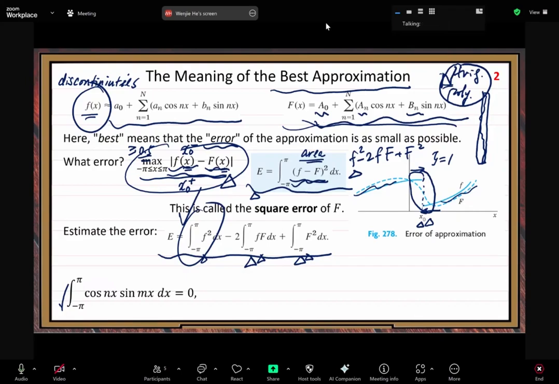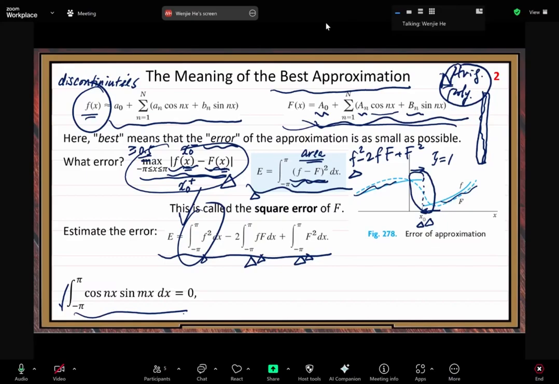Remember these cosine functions, sine functions, the last time we said they are basis functions, even better, an orthogonal basis. Remember the orthogonality.